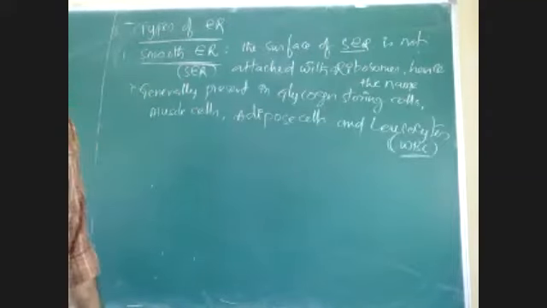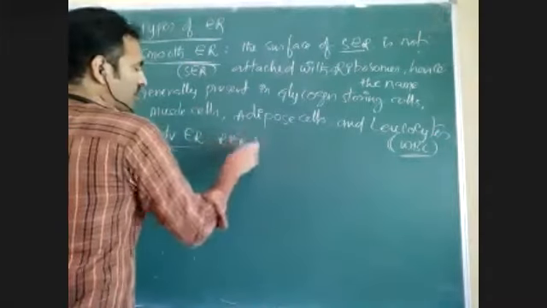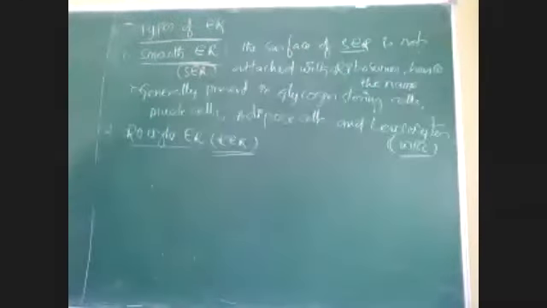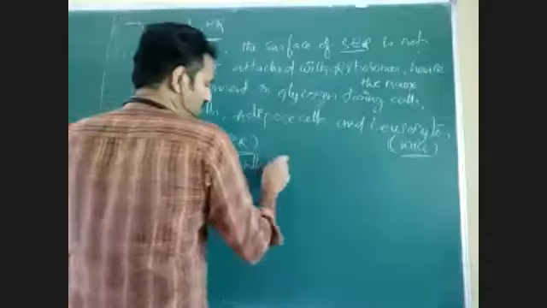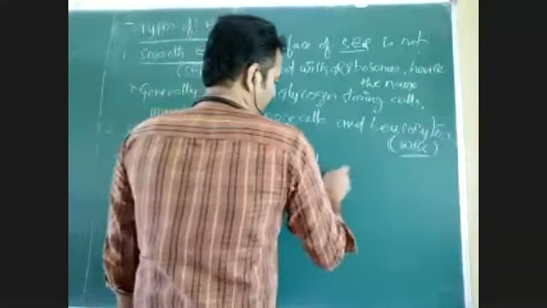Then the second one is rough endoplasmic reticulum, which is also called RER. The second category of endoplasmic reticulum is rough endoplasmic reticulum. Why does it have rough surfaces, rough walls or surface?